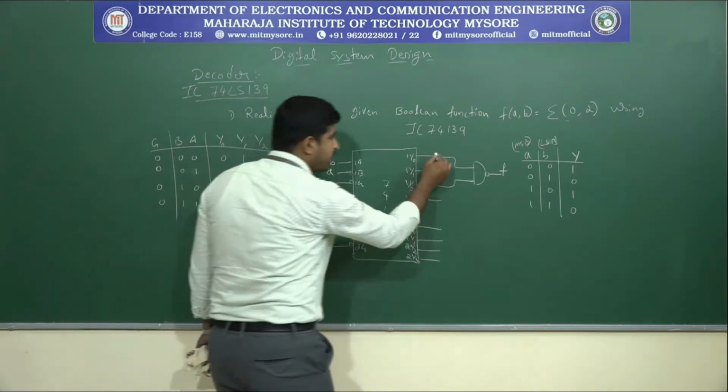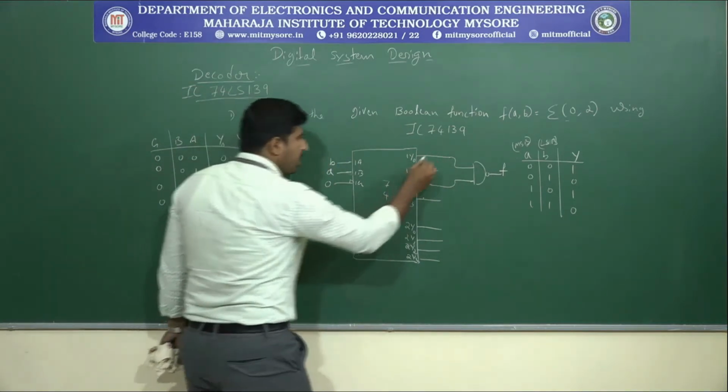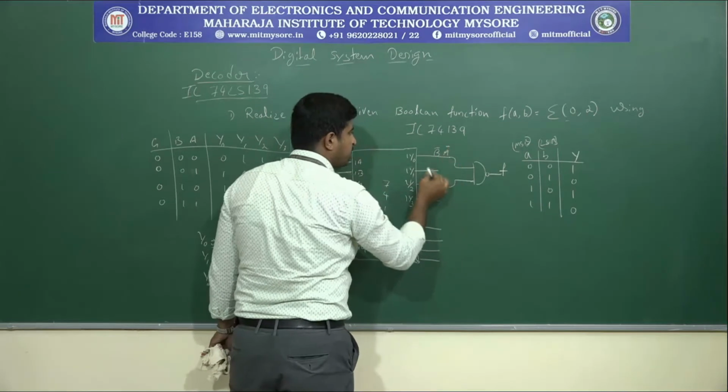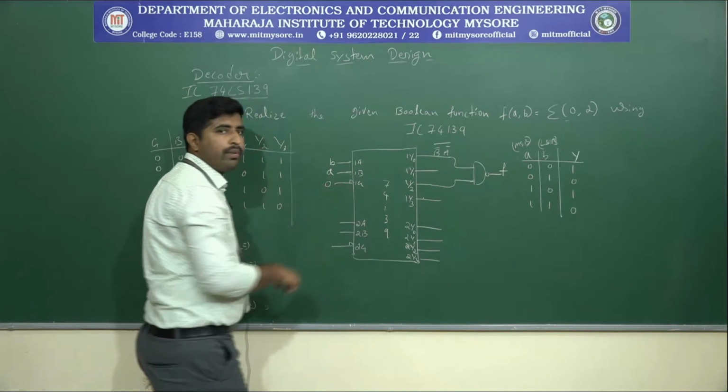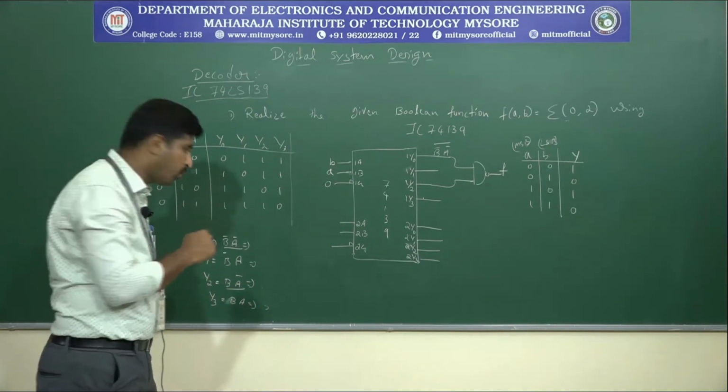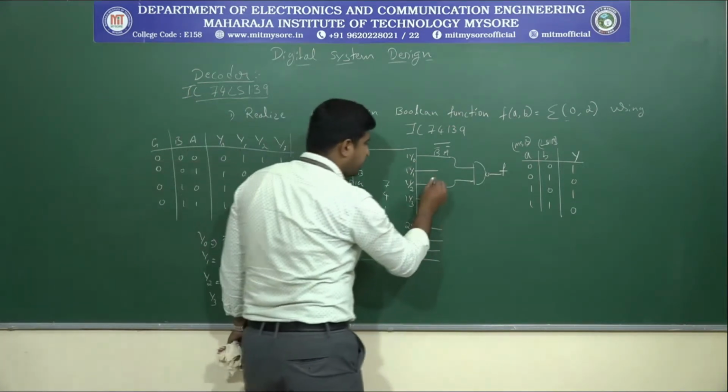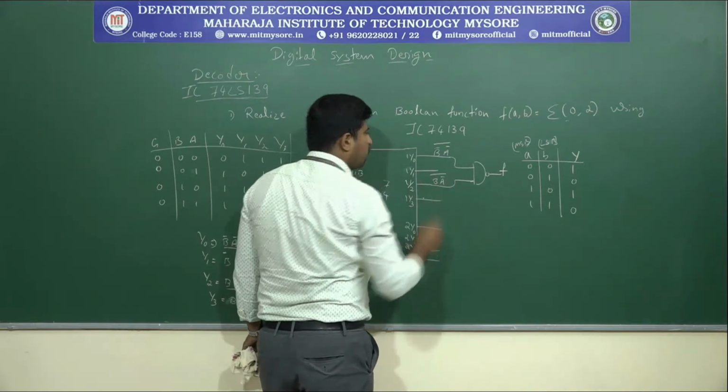Okay, so what are we going to get here actually? Here we are going to get B bar, A bar, and the enable bar, since it is an active low pin. Keep in mind it is an active low pin. Similarly what are we going to get here? B, A bar, enable bar.